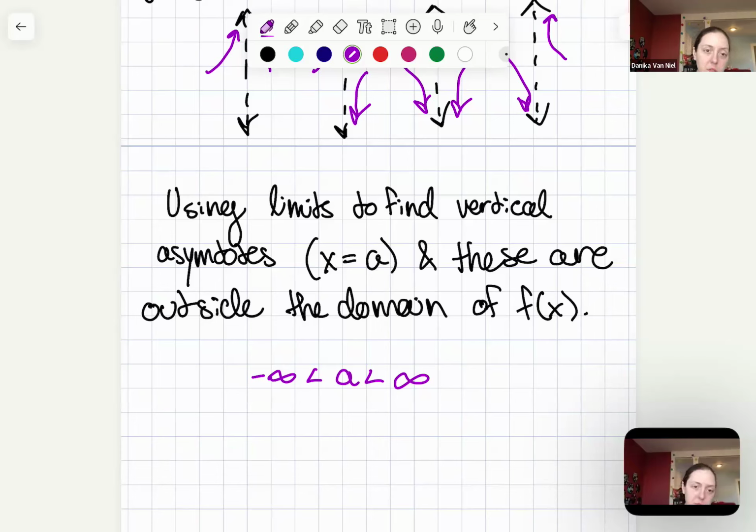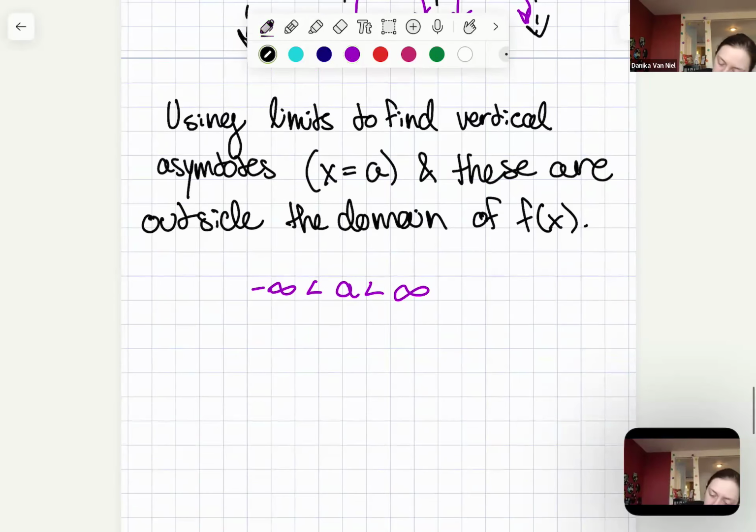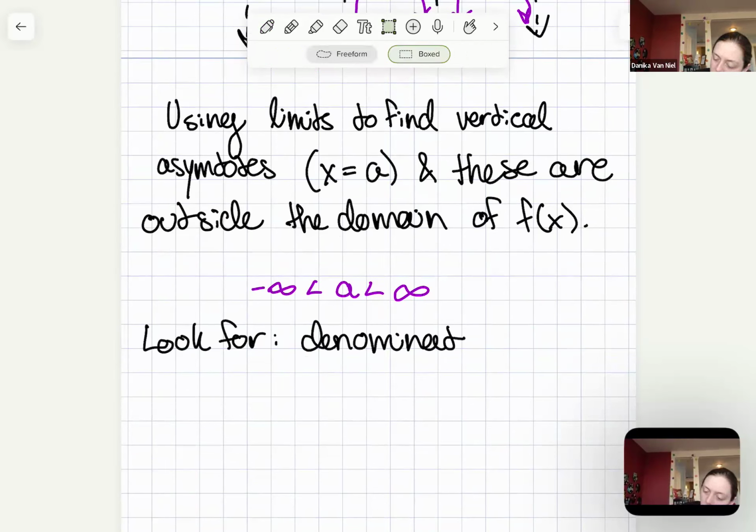So the first thing we want to think about is when is my denominator zero? Look for when the denominator is zero.